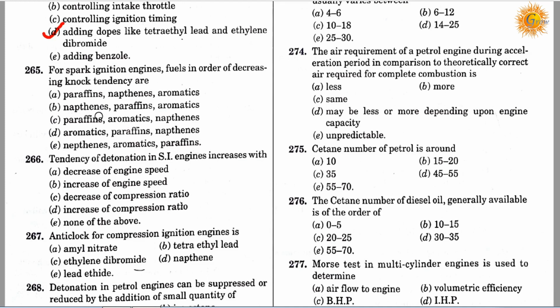So the correct answer will be A, because it's the order of decreasing knocking tendency: paraffins have a higher tendency of knocking than naphthenes and then aromatics.